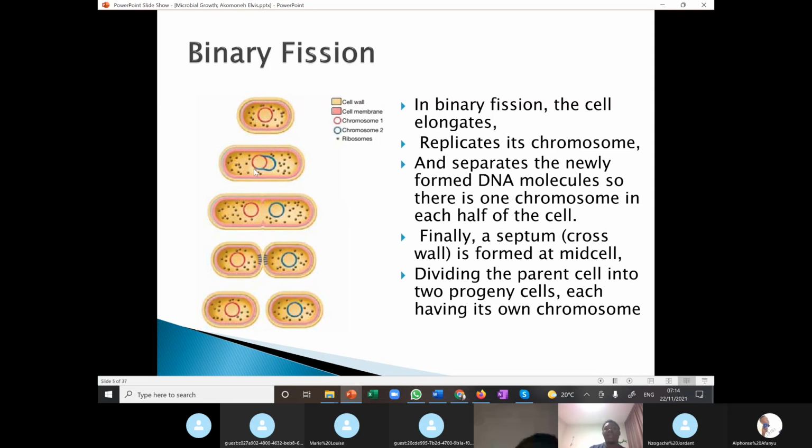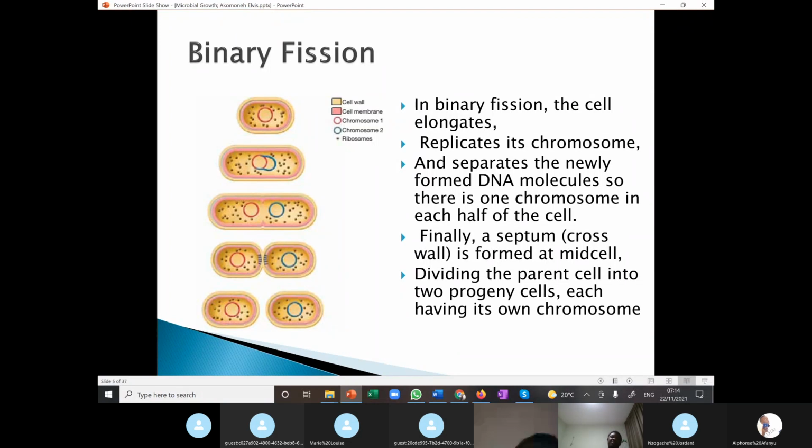The next thing is followed by a duplication of the DNA molecule. The new DNA molecule duplicates itself and then separates into two. A cross wall called a septum builds across the two different nuclei and then finally separates the organism into two different progeny cells.